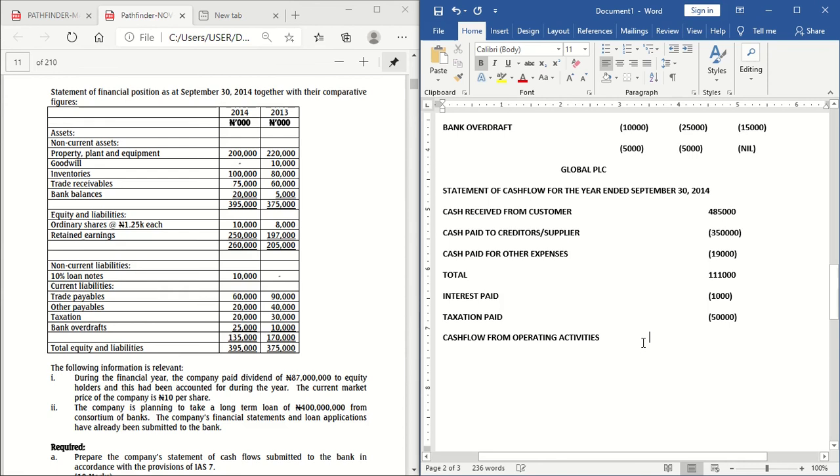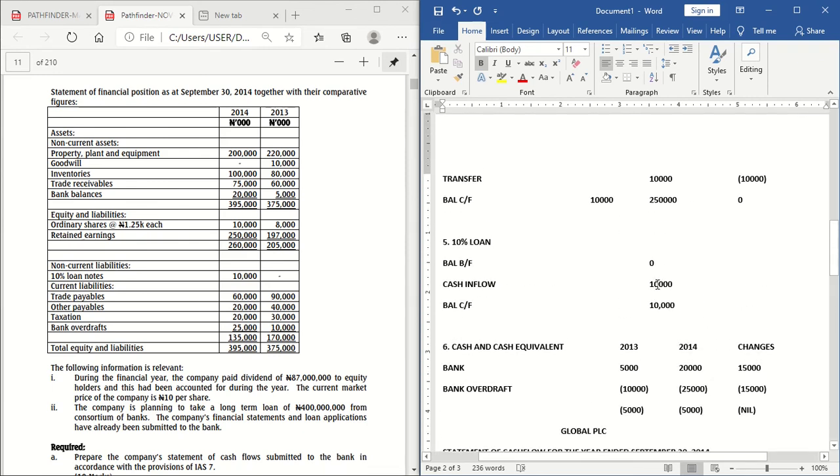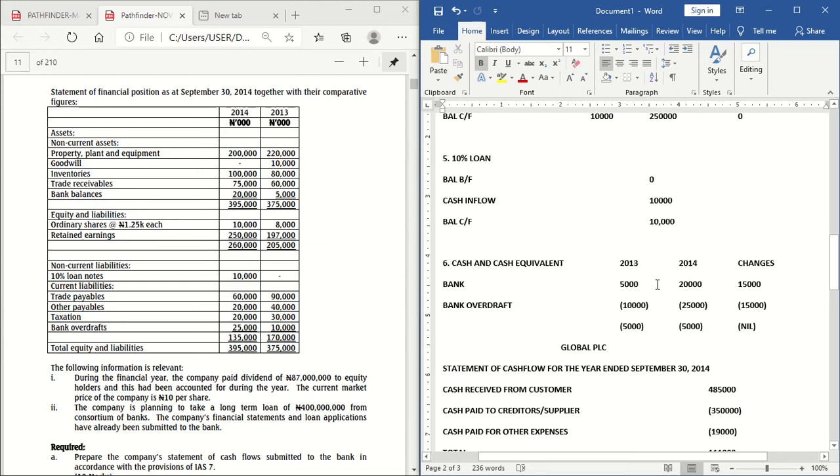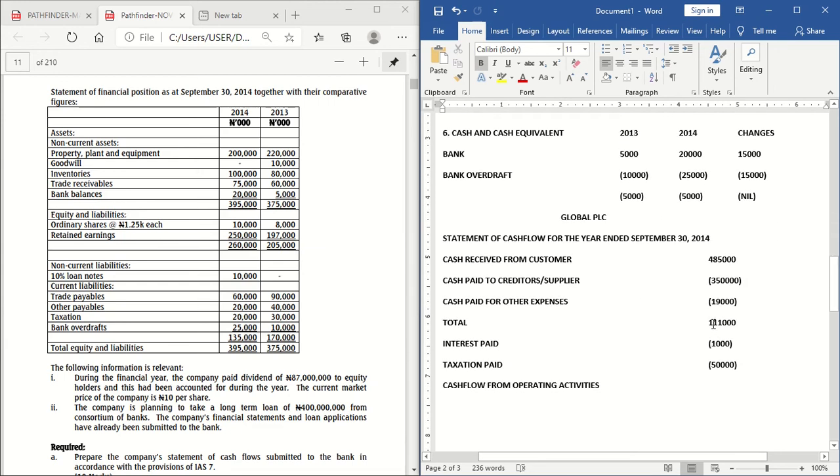So by the time we do this, we should have our cash flow from operating activity. Now let us see if this will give us the same figure as we got earlier under what? Our indirect method.